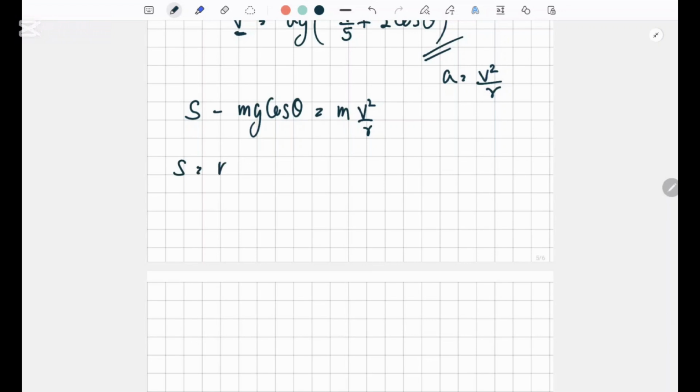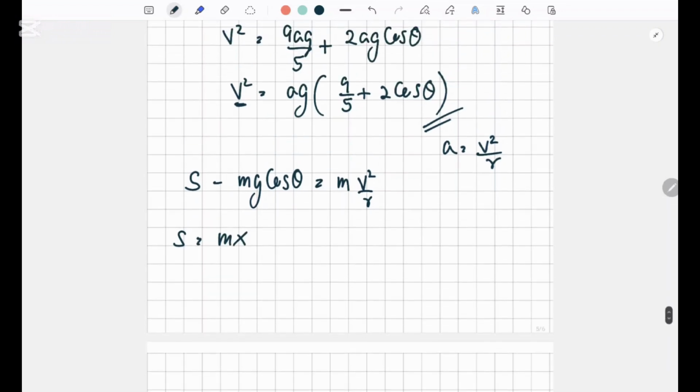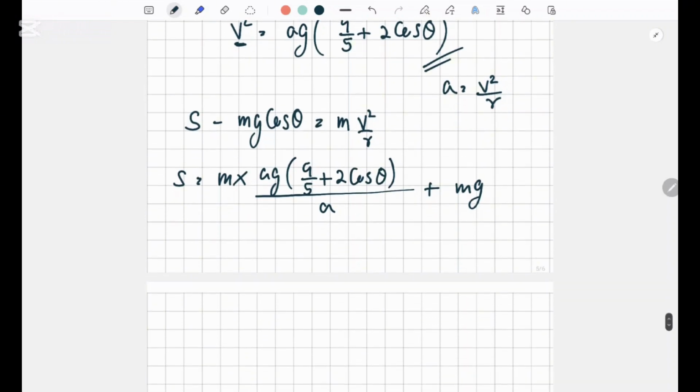S equals m into, so v squared is this, ag 9 over 5 plus 2 cos theta over a, plus mg. You cancel off the a, then you end up with S equals 9 over 5 mg plus 2 mg cos theta plus mg.